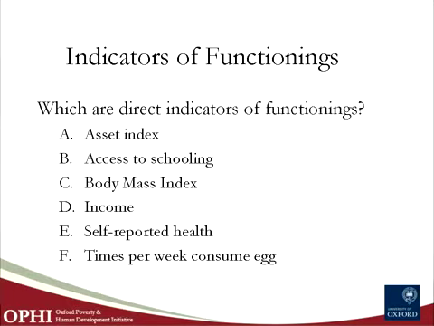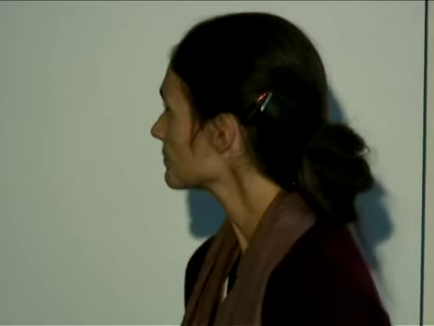Access to schooling could be. Many of the variables that we have say nothing about the quality of schooling, if I'm discriminated against, or if I can actually afford to go. It doesn't give me information about people's real ability to attend school. Some do. And so we have to look at the indicator to figure out, is it a capability or is it a resource that I may or may not actually have access to.